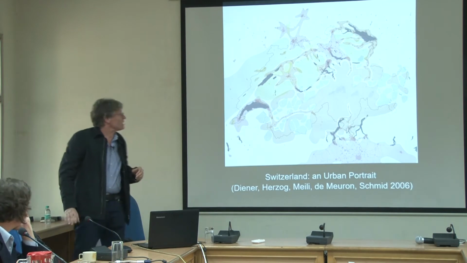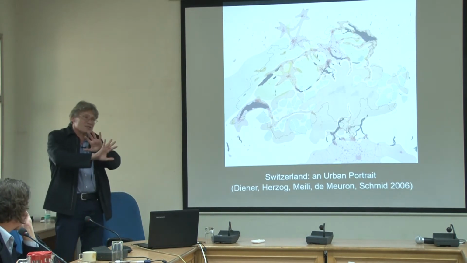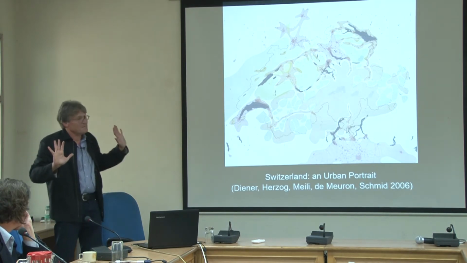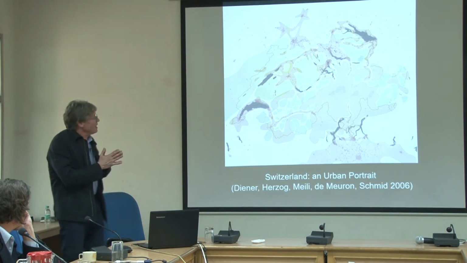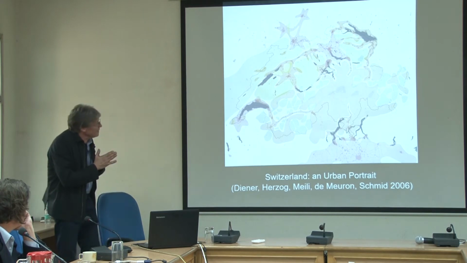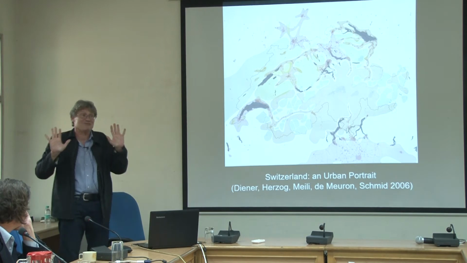There is another project we did in Switzerland where we analyzed the entirety of the Swiss territory. As everybody knows, Switzerland is full of cows, and so it's often seen as a rural country, and we shouldn't believe that.